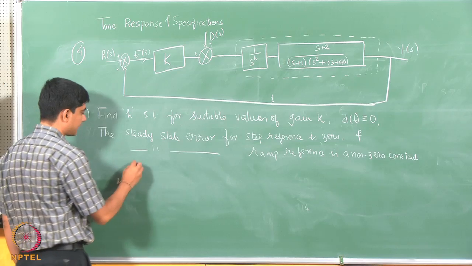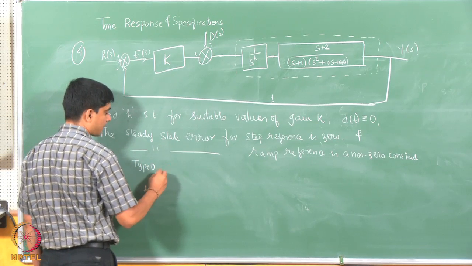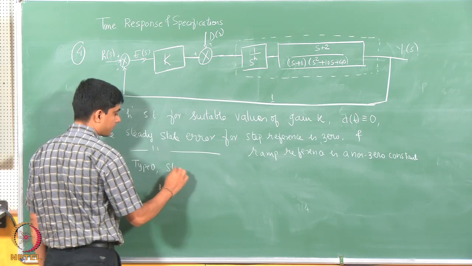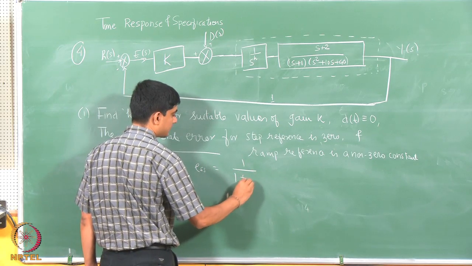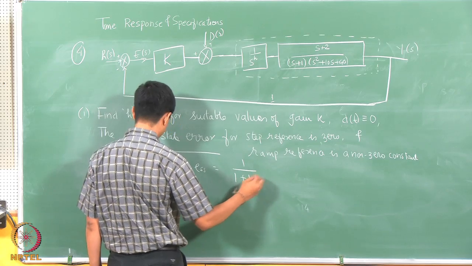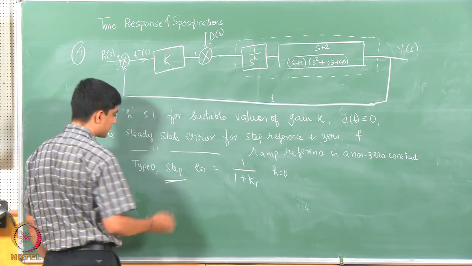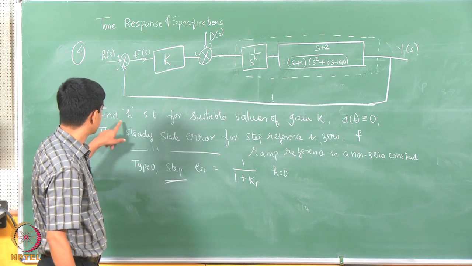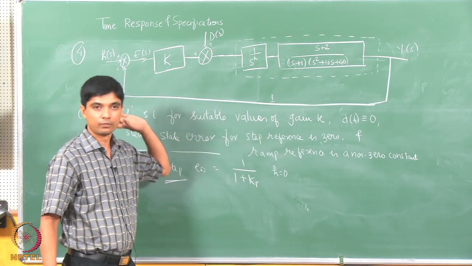Okay. So, let us recollect quickly. If I have a type 0 system and the input being a step, my ESS was 1 over 1 plus Kp. Okay. This was again for h equal to 0, right. So, this step input is what I am looking at, that the steady state error for a step reference is 0.